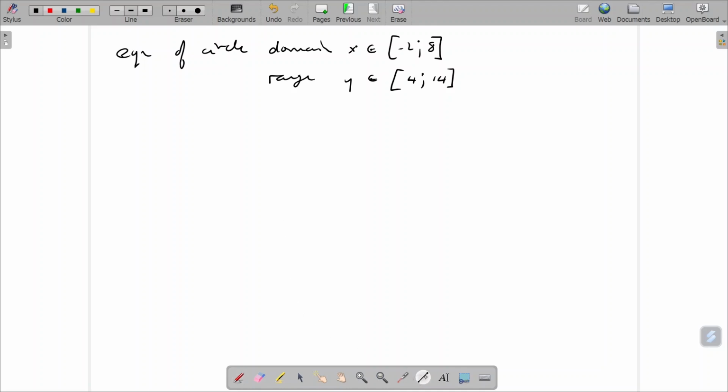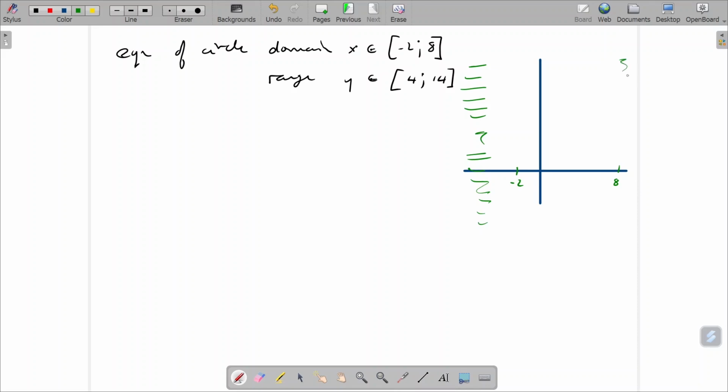So we know that this circle would exist, if we were to draw a quick sketch, in this space over here. Because the domain is between -2 and 8, it can't exist out here on the far left or over here on the extreme right of my little diagram.